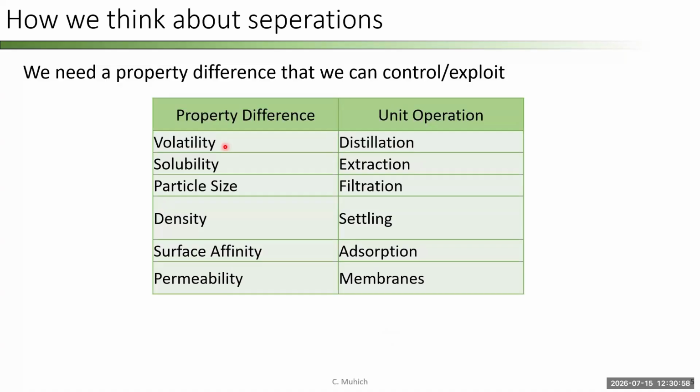So how readily something moves to the gas phase, its solubility, so differences between two molecules and whether they want to end up in one liquid versus the other. We can use property size, density, surface affinities, and permeabilities. And each of these different properties correspond to various unit operations that will conduct separation. So these can widely be viewed in terms of distillation, extraction, filtration, adsorption, and various membranes.